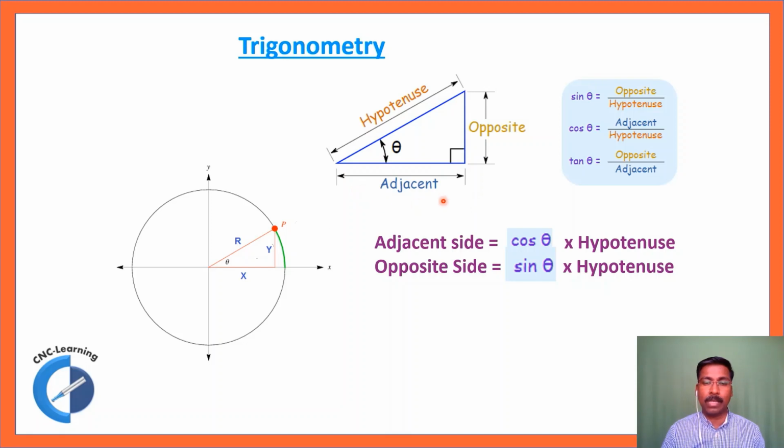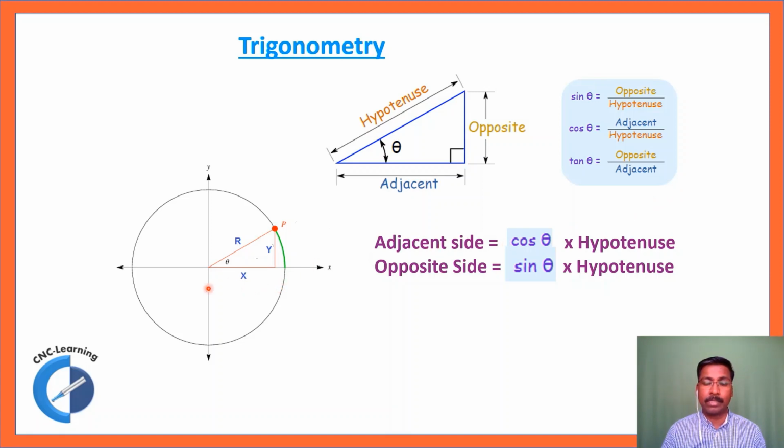This is adjacent side since we are taking this as the angle, and this is opposite side. So the trigonometric equation should be sin theta equal to opposite side by hypotenuse, cos theta equal to adjacent side by hypotenuse, tan theta equals opposite side by adjacent side.